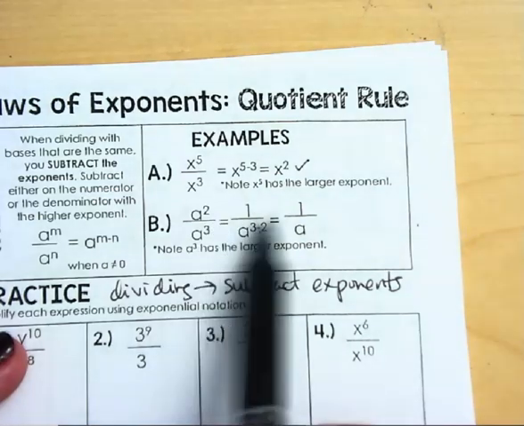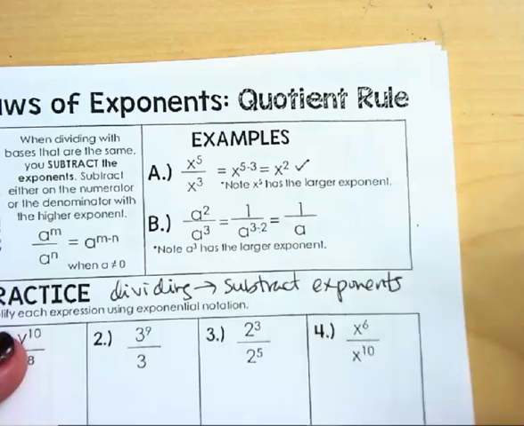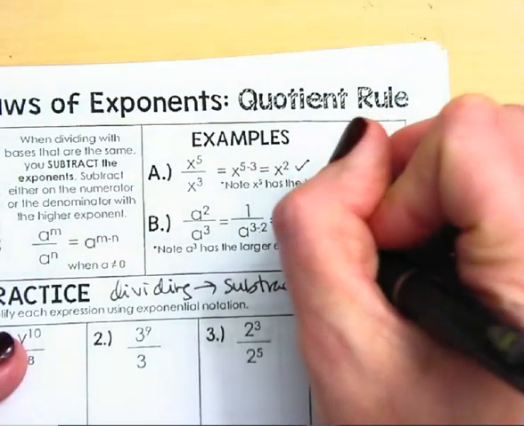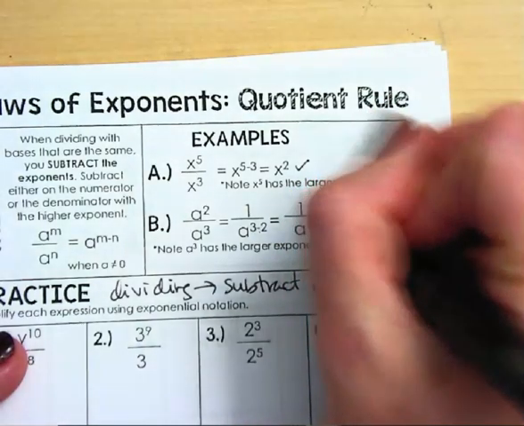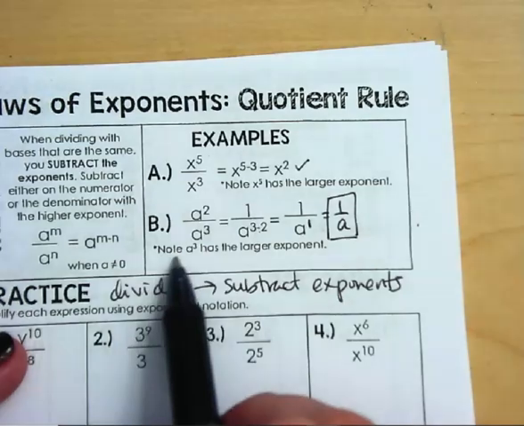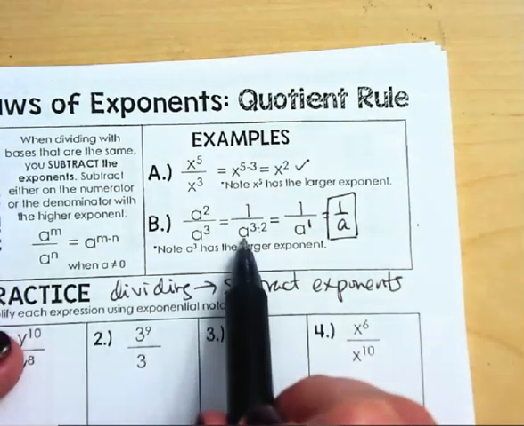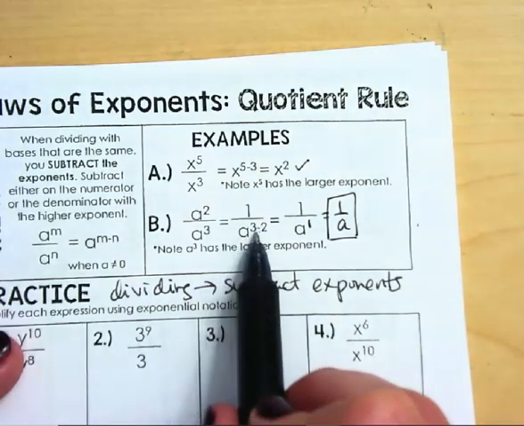And then the 1 on top is a placeholder. So 1 over a to the 3 minus 2 is really 1 over a to the 1, which is just 1 over a. Now what we're going to be doing is finding wherever the exponent is bigger, moving the base to that side of the fraction, and then subtracting the exponents there.